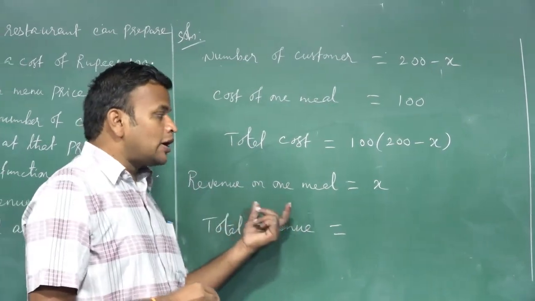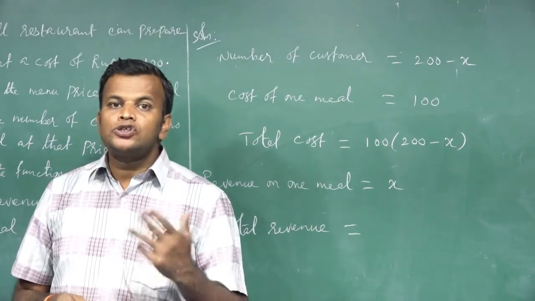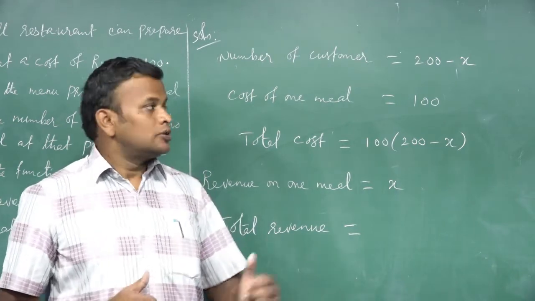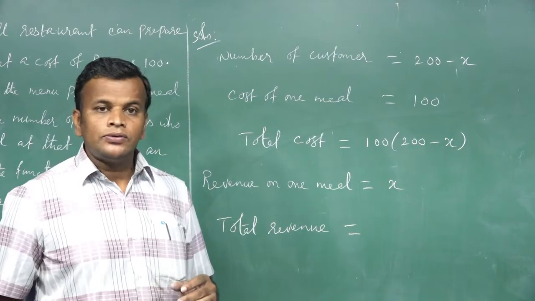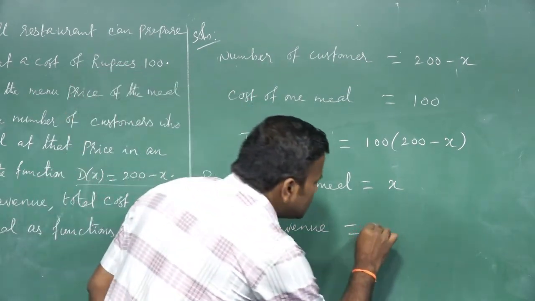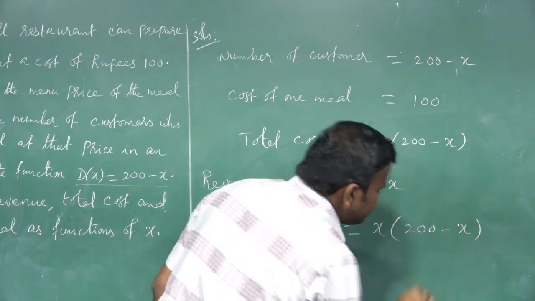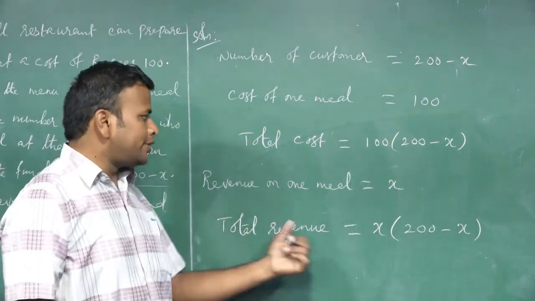So one person will come whose revenue is X. 2 persons will come whose revenue is 2x, 3x like this. But what is the number of customers here? The number of customers is 200 minus X. So what is the total revenue? The total revenue is this X into the number of customers, X into 200 minus X. So it is the total revenue.